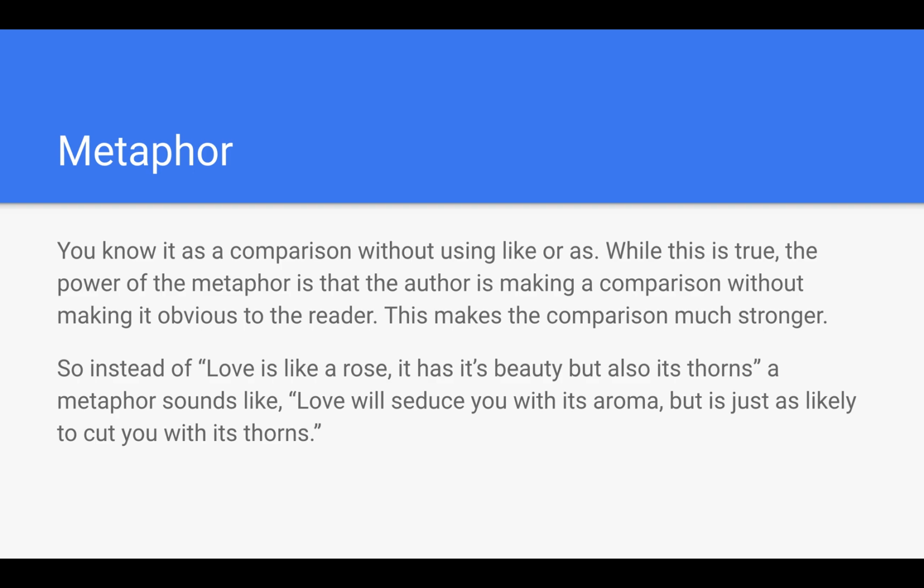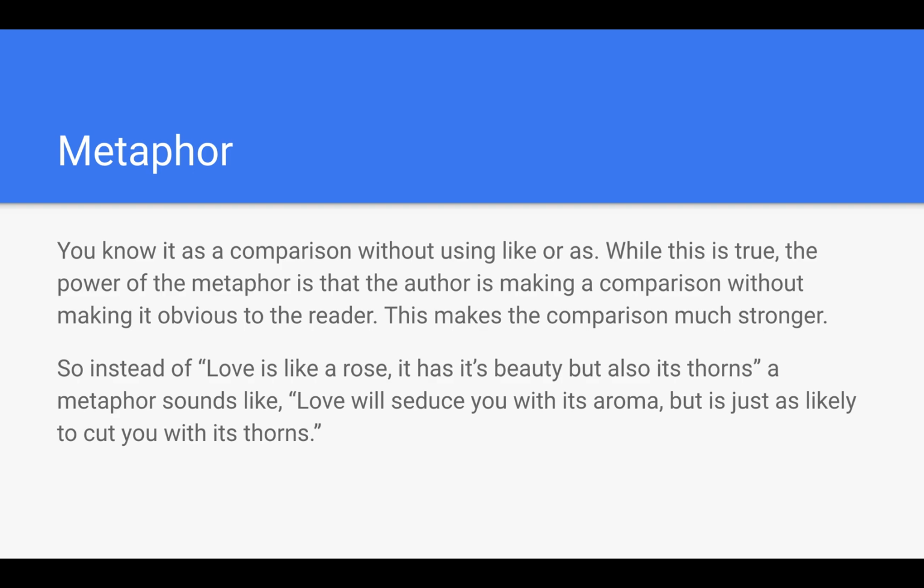So we say love is like a rose, right? It has its beauty and its thorns. That's a simile. Love is like a rose. I'm being very obvious in how I'm comparing those things. But if I want to go with the metaphor, love will seduce you with its aroma, but just as likely cut you with its thorns.